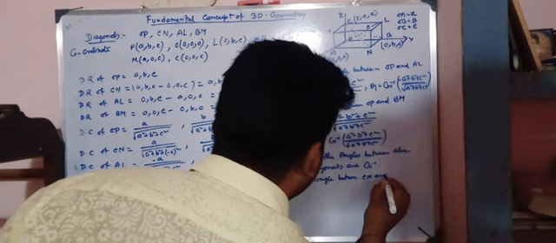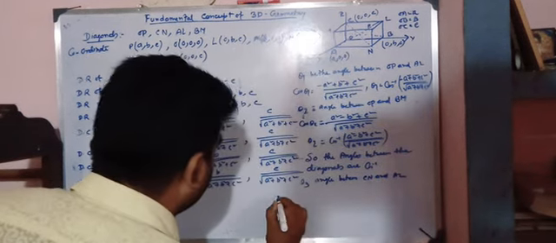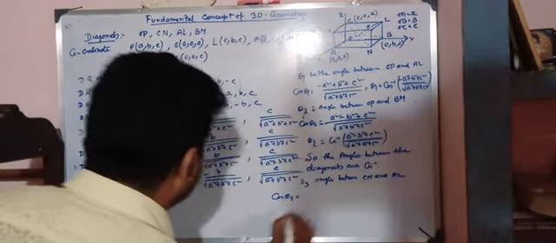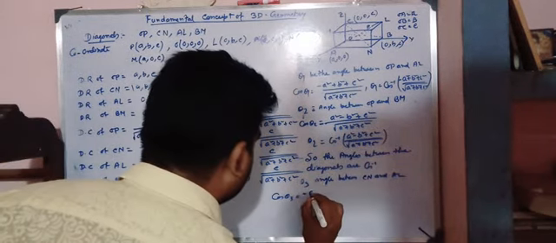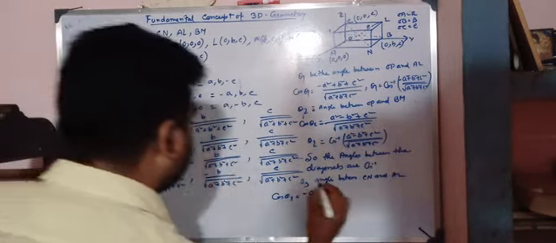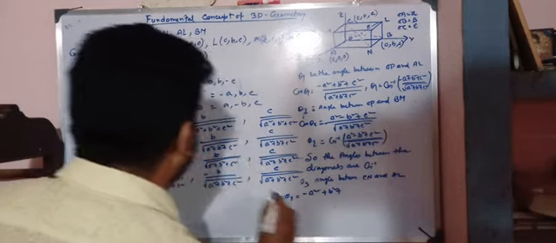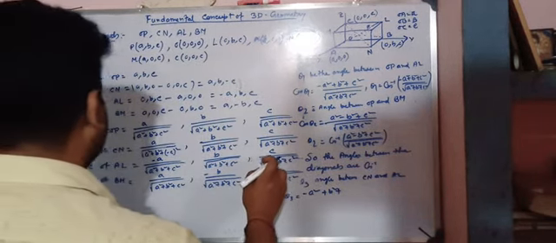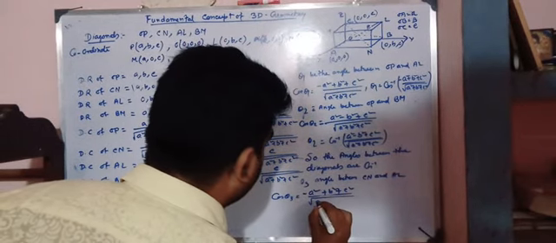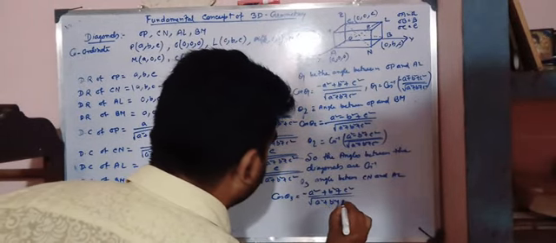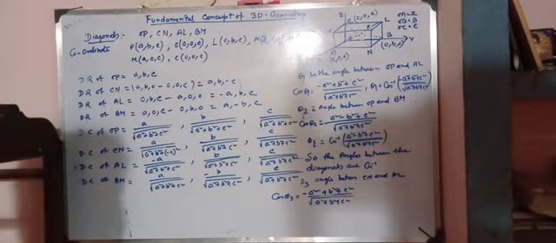Then cos theta 3 is equal to A into A minus A square, B into B plus B square plus C into C plus C square by root under of A square plus B square plus C square. This is cos theta 3.